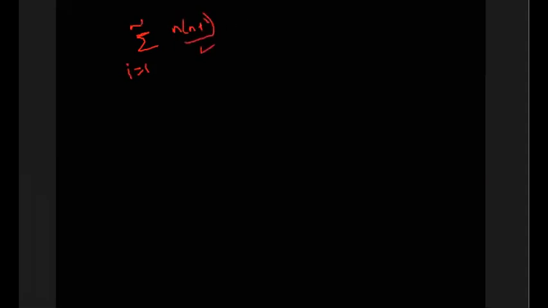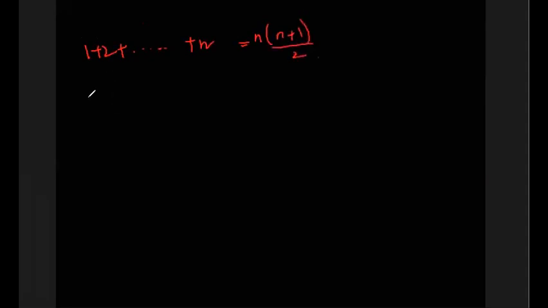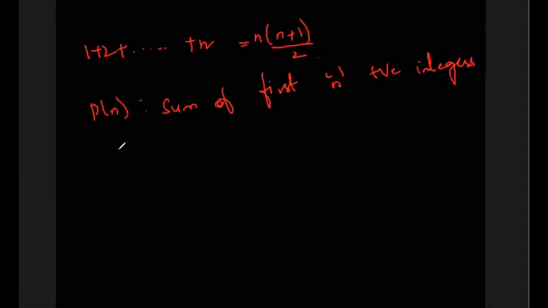Let's prove this using mathematical induction. The formula can also be written as 1 plus 2 plus and so on up to n, which gives us the result n into n plus 1 by 2. So if P of n is the proposition that the sum of the first n positive integers is n into n plus 1 by 2, then we must do two things.